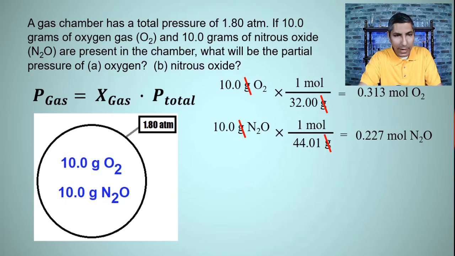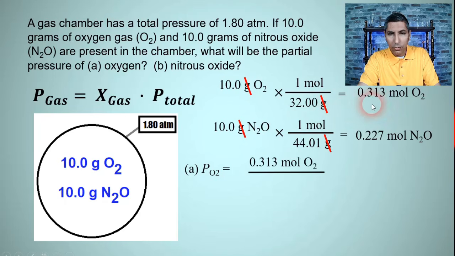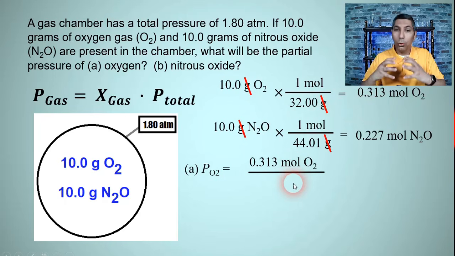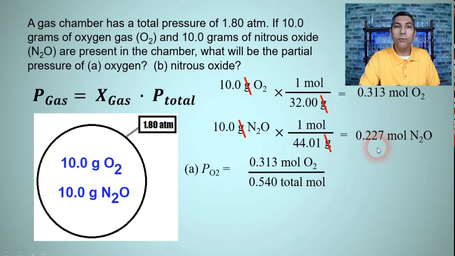So let's go ahead and do that for part A, which is the partial pressure of oxygen. The mole fraction of oxygen is 0.313 moles of O2 divided by the total number of moles. So once again, I have to add these moles together just like I did in the last example. So 0.313 plus 0.227 gets me a total of 0.540 total moles in the container there.